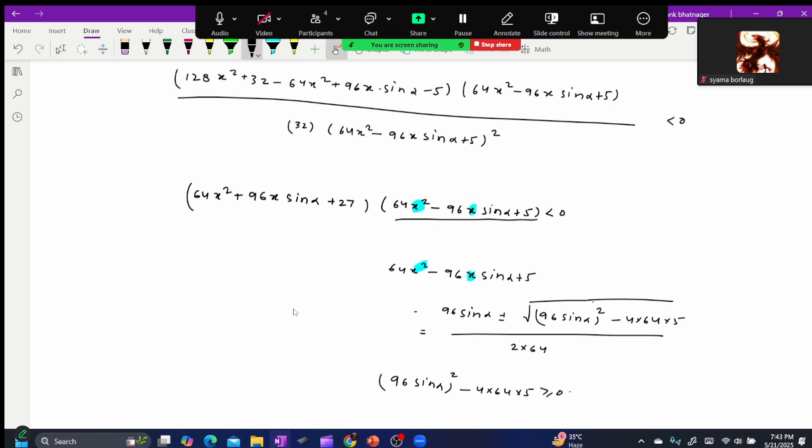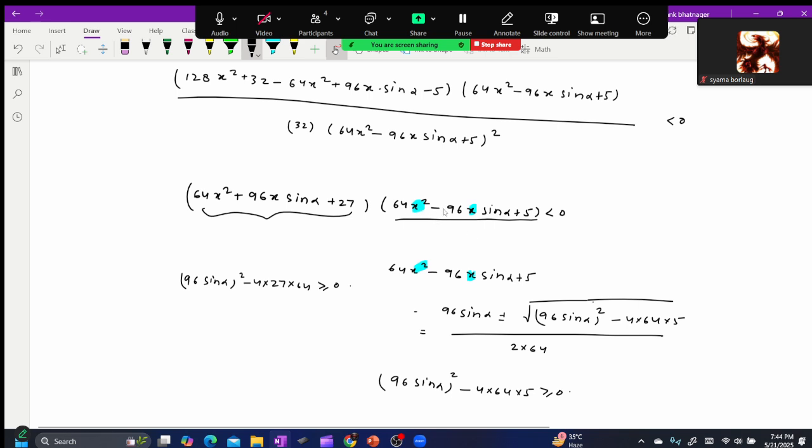Similarly, if I use this equation, I will use its discriminant, the condition, it should have some real roots, na? 96 sine alpha minus 4 into 27 into 64. This should be greater than or equal to 0 if it has real roots.